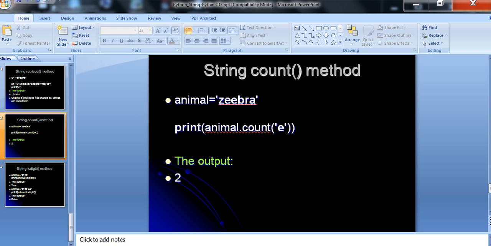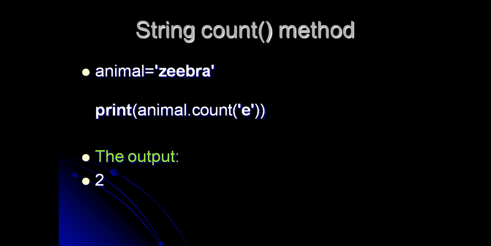There is a count method which will count the number of times a character is repeated. In this example, there is a variable animal and the string is zebra. So I'm trying to find how many times the e is repeated. So just animal dot count. If you give e here, it will give how many times the e is repeated. E is repeated two times, so it will give the output 2.